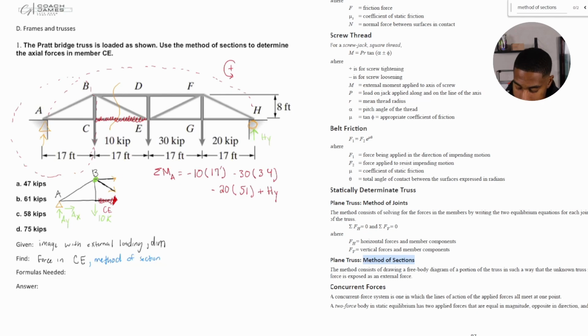So what's my distance from there? It's going to be 17 times 4. And that's 68. Okay, so we have one variable now.